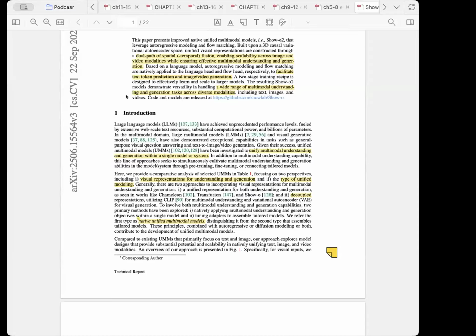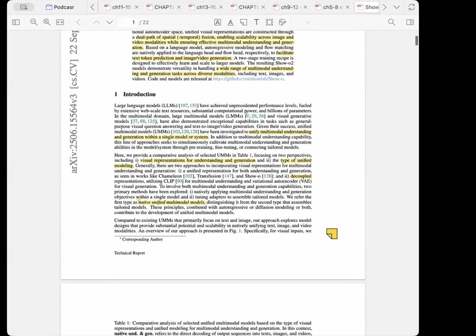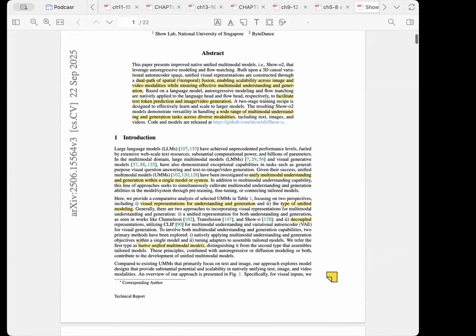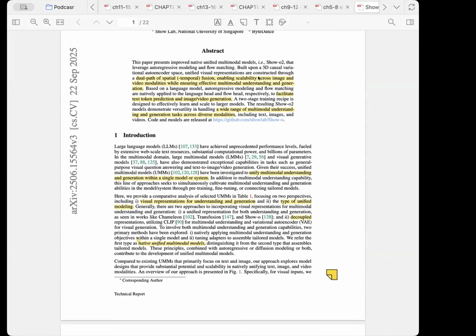What intrigues me, apart from NeurIPS, is that it helps fill the gap. About the abstract, I think the authors make it quite clear. It is built upon a 3D causal variational autoencoder space, and it uses a dual path, which I think is very interesting.